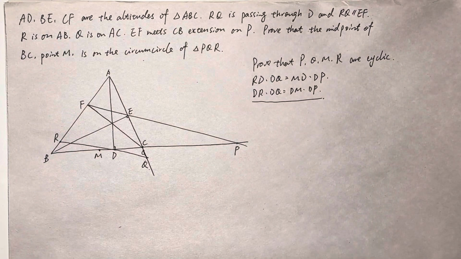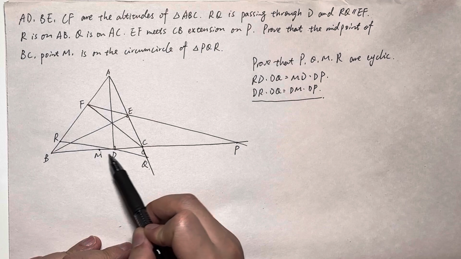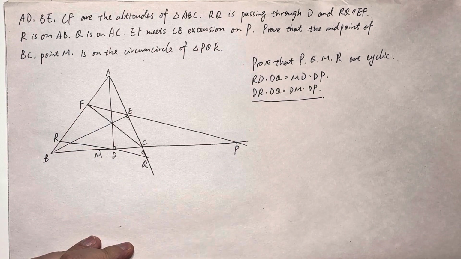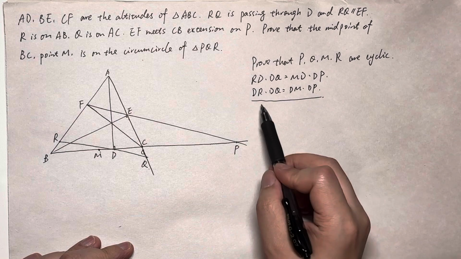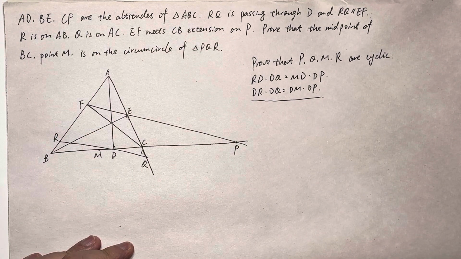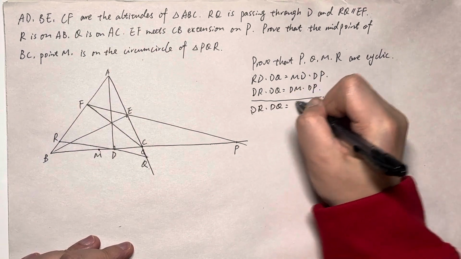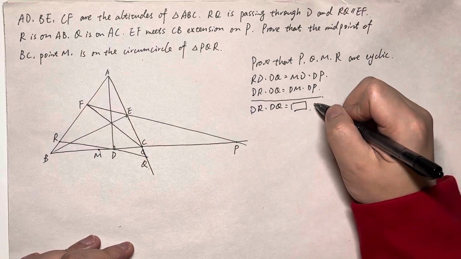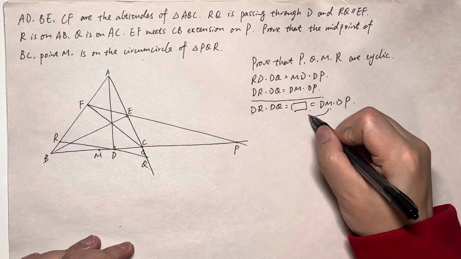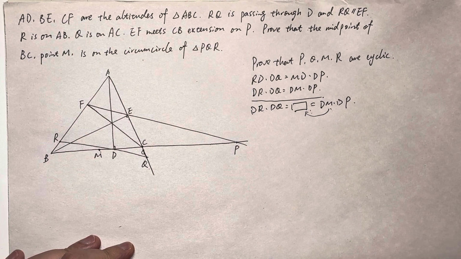So we want to prove this. And how can we prove this? We have DM, DP, DR, DQ. So we want to find the product of DR and DQ, that DR times DQ equals something, and we want to prove DM times DP also equals that.